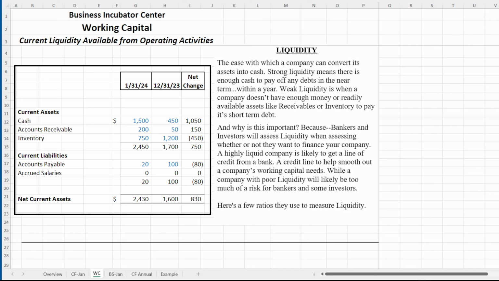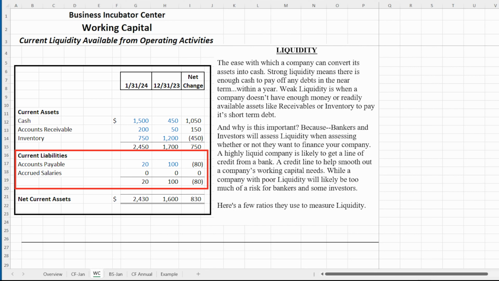We're looking at a working capital computation now. Remember, working capital is the current liquidity available from a company's operating activities. Let's look at the basic components and see how it works. It begins with current assets. In this case, cash, accounts receivable, and inventory.